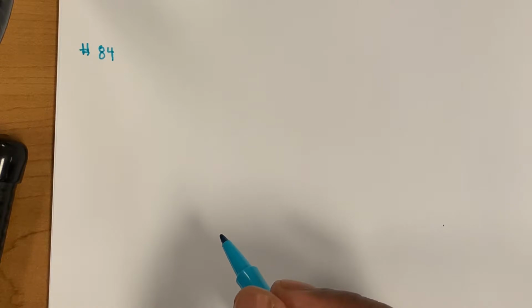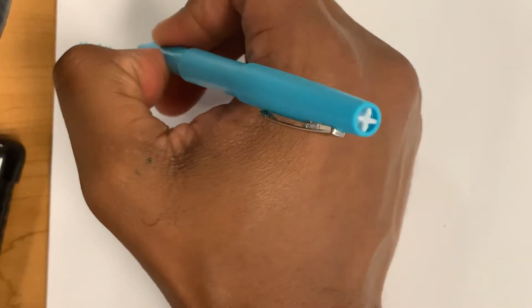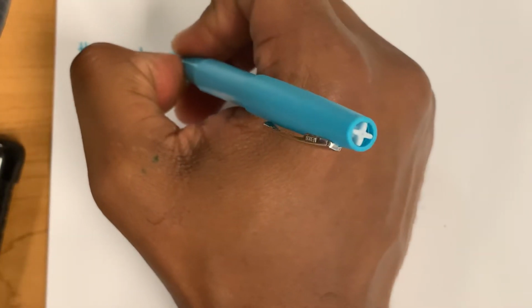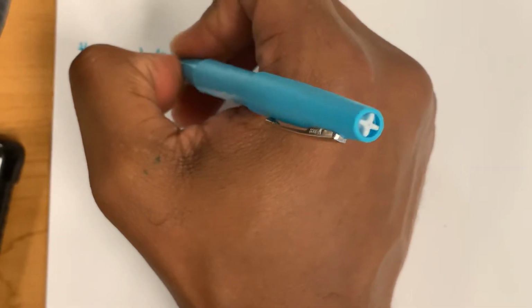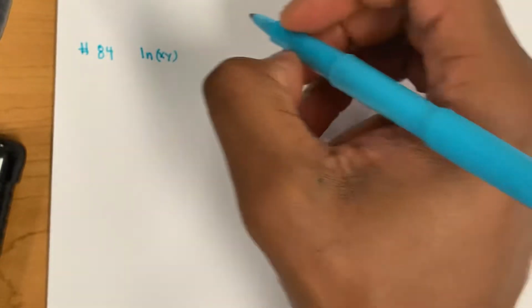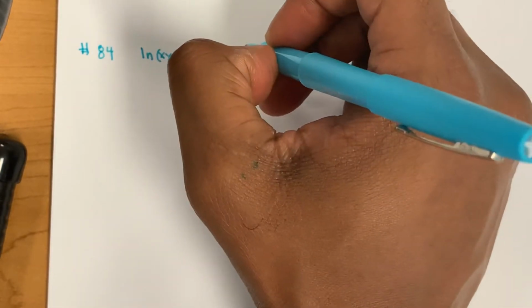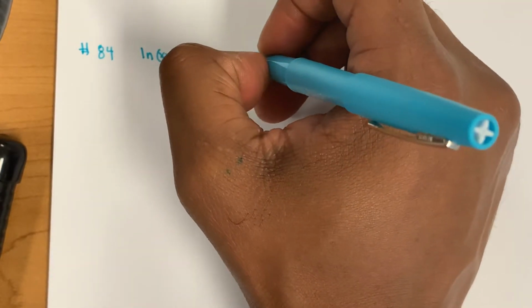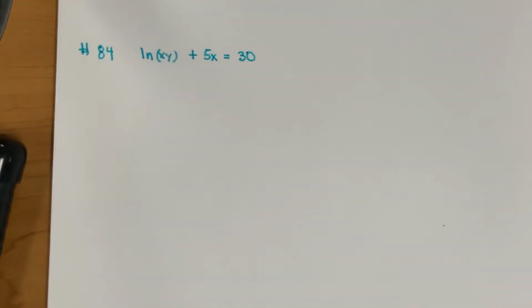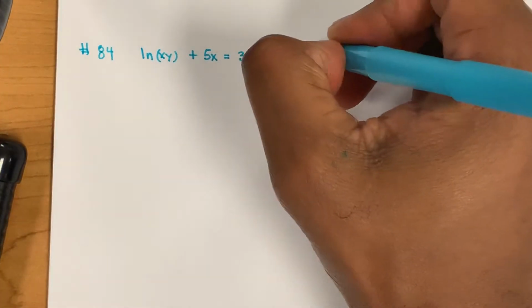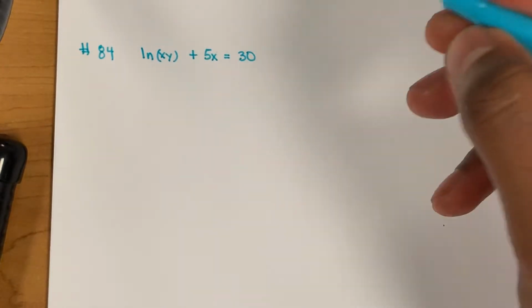So for number 84, we have the function is the ln of x, the product xy plus 5x equals 30. And let's find the derivative at a particular point.